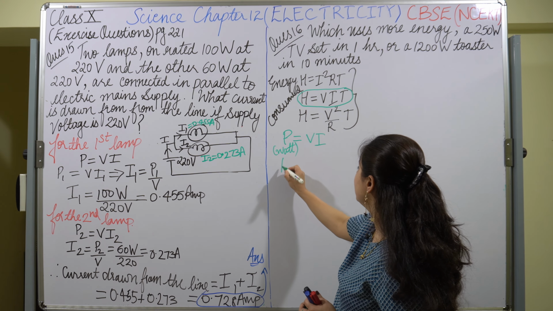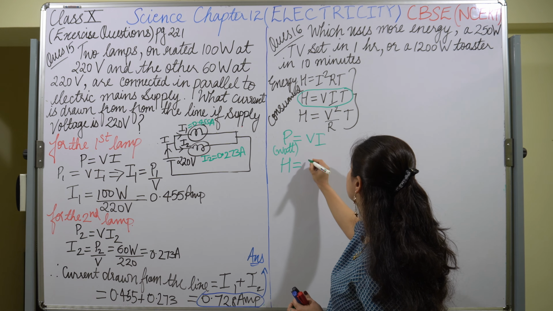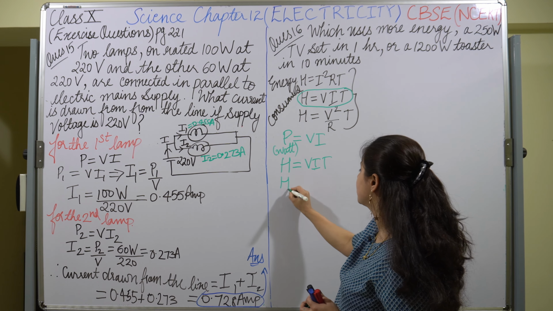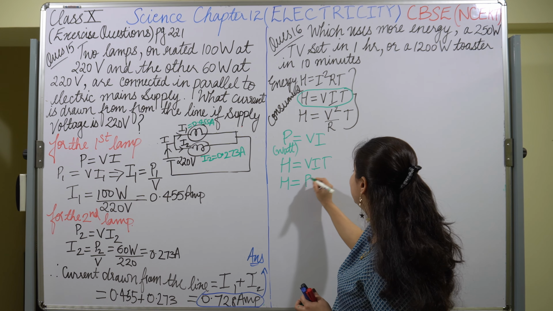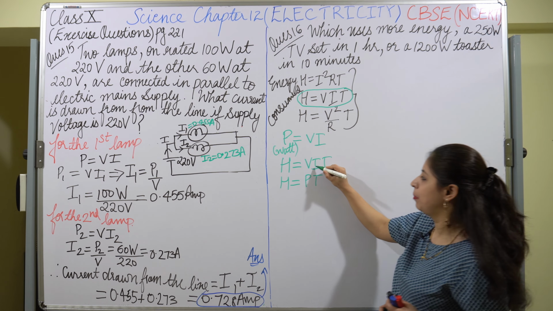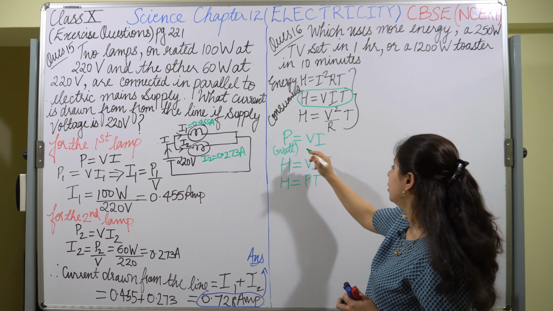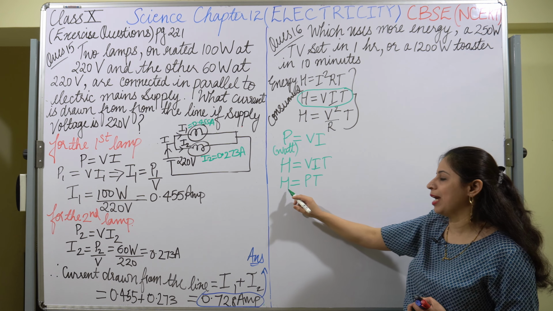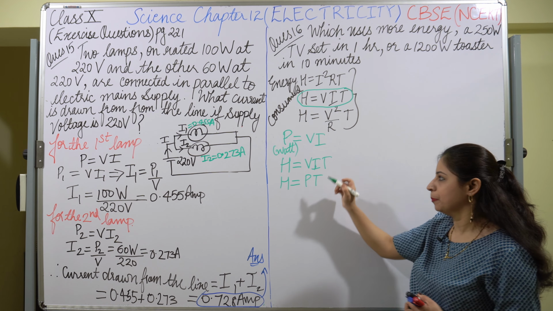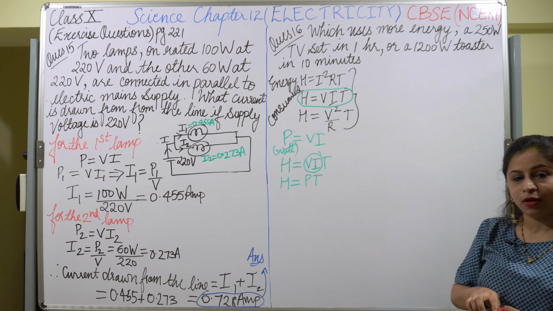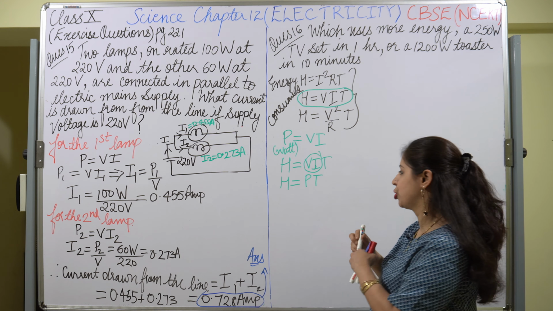So in place of VI, we will be substituting P, and the formula becomes H is equal to PT. Okay, H is equal to PT. So applying this formula, we will be solving the question.